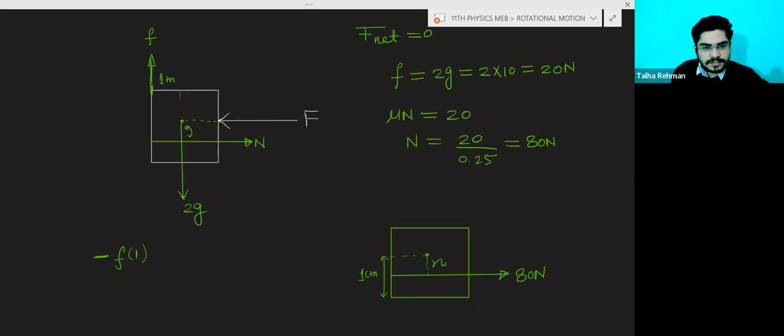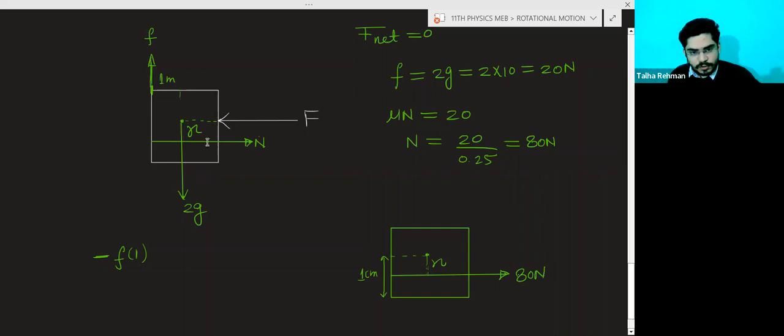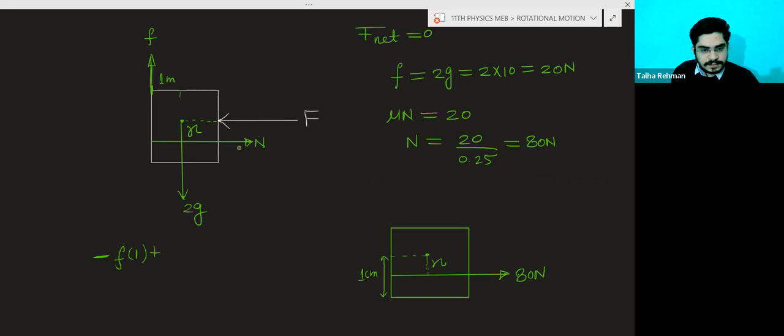Suppose the distance is x, you can take N into x. The direction of this will be anti-clockwise, so it will be plus Nx, and this is equal to 0.